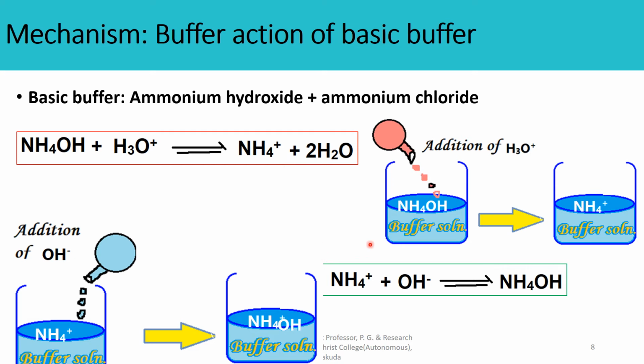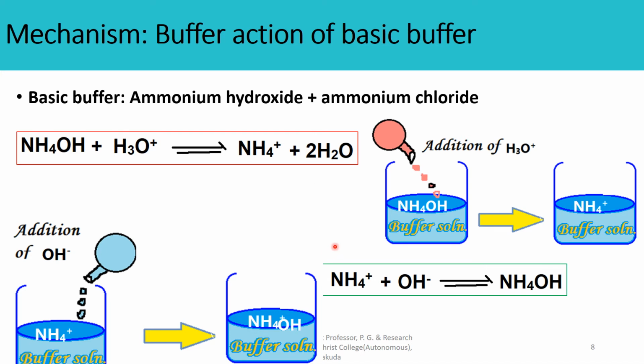When we add base to the basic buffer solution, the ammonium ion reacts with OH minus to form ammonium hydroxide, that is a weak base that is already present in the basic buffer part.